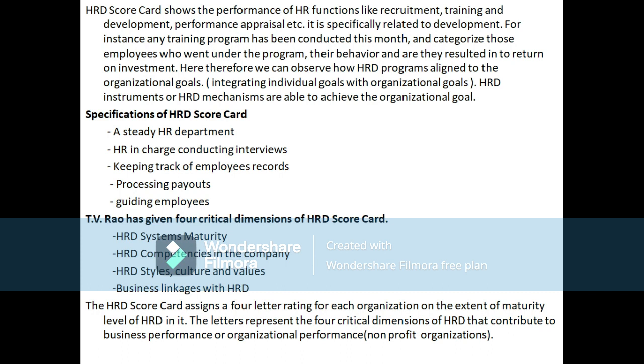And ultimately at the end of the day, we have to see the result regarding that employee, because we have invested a certain amount of money in training that employee. So we have to observe all these things, and finally, by investing in employees through training programs, we have to see whether the result is return on investment or profits.